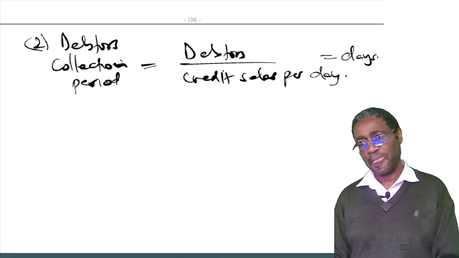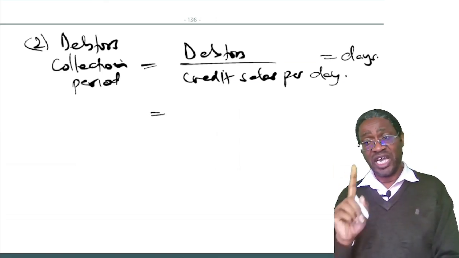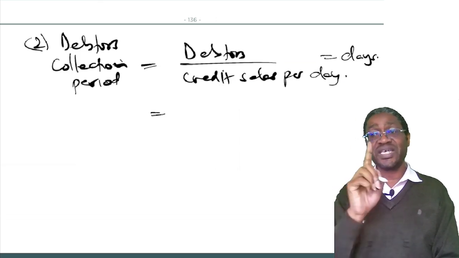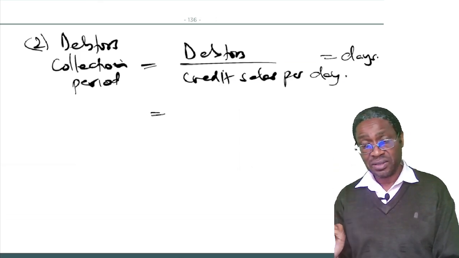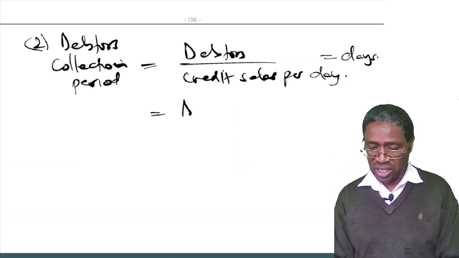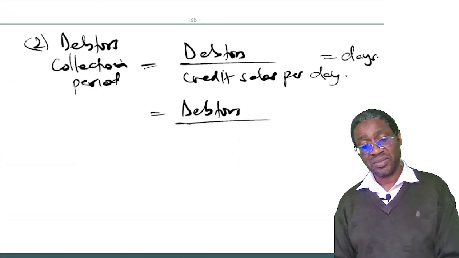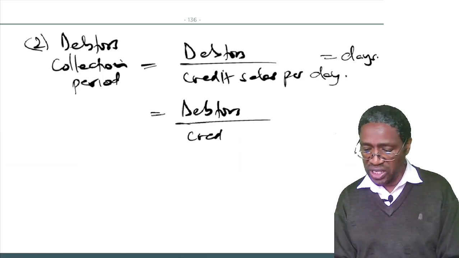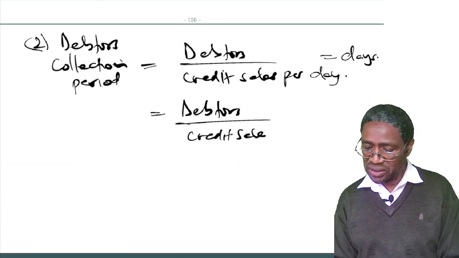Okay, listen. This formula can be expressed further. I have said, to get the debtors collection period, you normally take debtors and divide by the credit sales per day. Now, this denominator, which we are calling credit sales per day, can be determined by taking credit sales for the whole year and dividing that by 365.